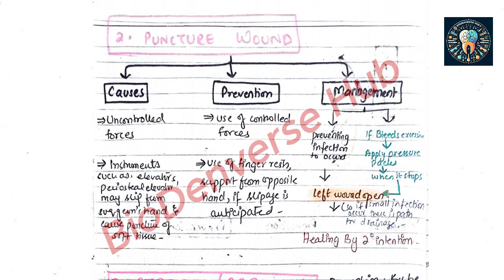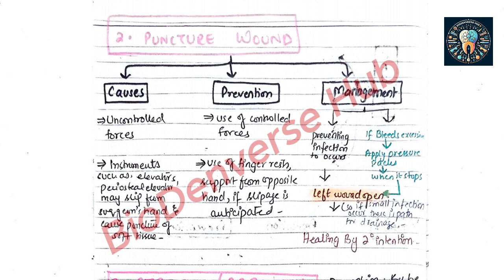Now, how can we prevent this type of injury? First of all, we need to use a controlled amount of force. Secondly, we need to use a finger rest, with support from the opposite hand, if slippage is anticipated. Now, if the puncture wound has occurred, what will be the management? In that case, first of all, you need to prevent infection.